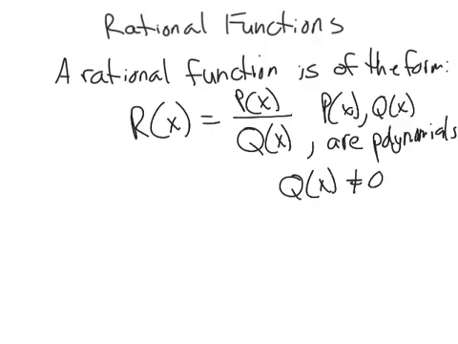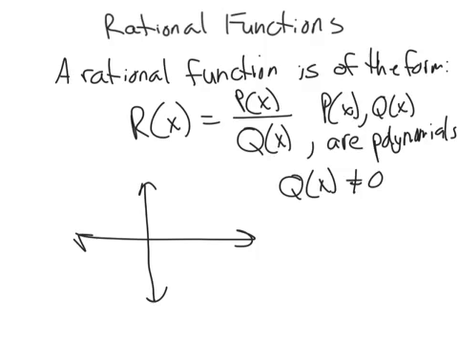So some characteristics of rational functions. If we have our x and y axis, rational functions will have a vertical asymptote, because if I have a polynomial, any kind of polynomial in the denominator, there will be a value of the variable that will make the denominator 0.